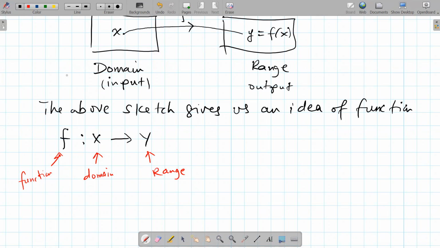Now, that can equally be written in this form. This implies we can write this as this.